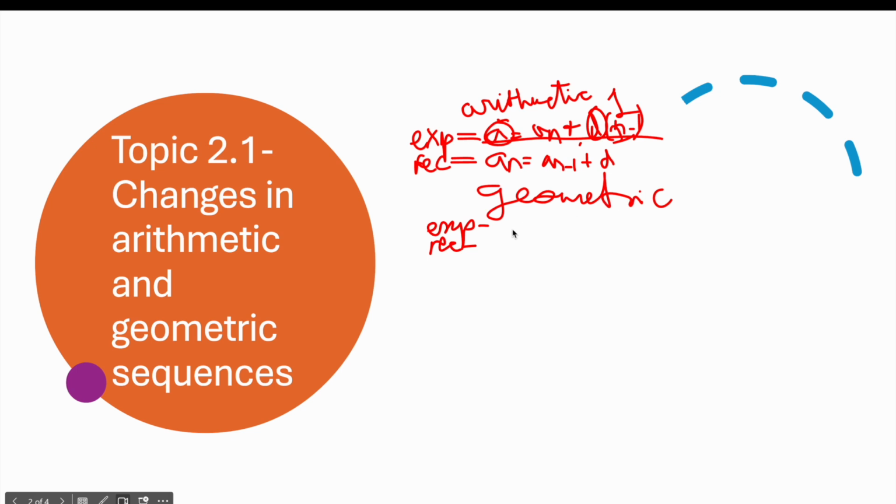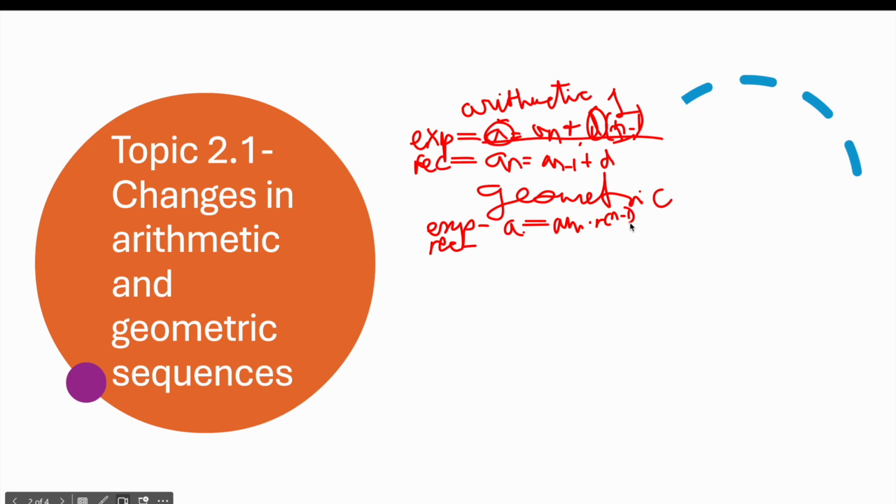For a geometric sequence, an explicit formula would be a_n is equal to a1 times r to the power of n minus 1.